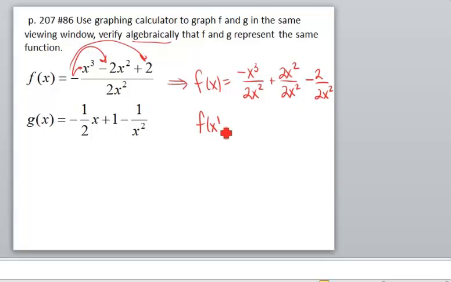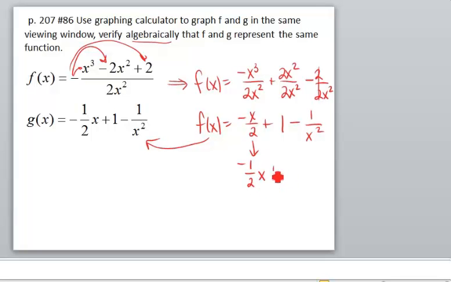If I simplify this and reduce some of my x's, I have a negative x over 2 plus 1, and my 2's cancel here, so I have a minus 1 over x squared. Now while these don't look identical, they are, because this actually means 1/2 x. If you look at your graphing calculator, you will also see that those are the exact same.